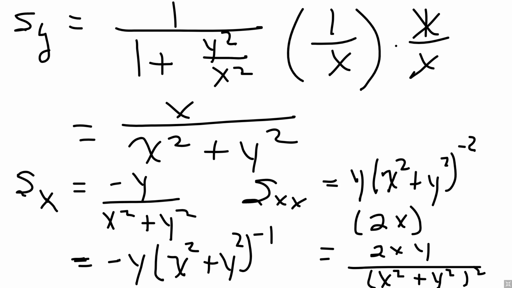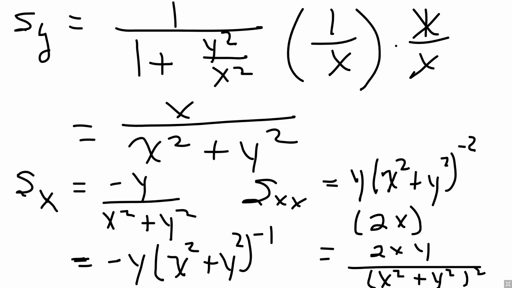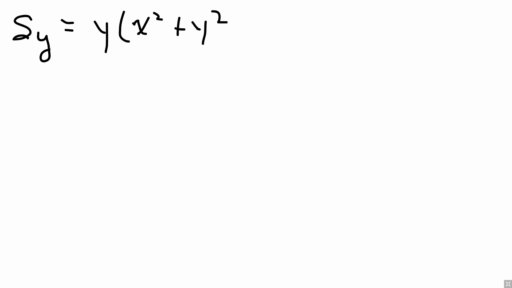Okay, so we're going to do a similar approach in order to do the second order partial with respect to y. Again, we can write the first order partial with respect to y as x times x squared plus y squared to the negative 1. Excuse me, it's not going to be y times, it's going to be x times.